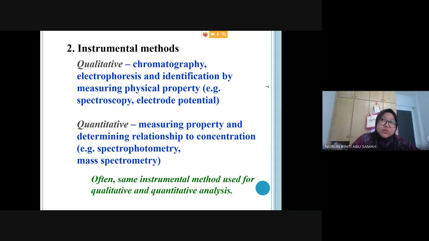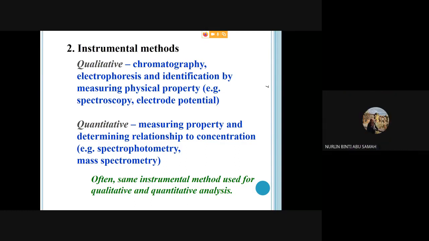I mean, we can estimate whether our analyte is there. That is the meaning of qualitative analysis in instrumental methods. For the quantitative analysis, we measure the concentration, and then we analyze the results.